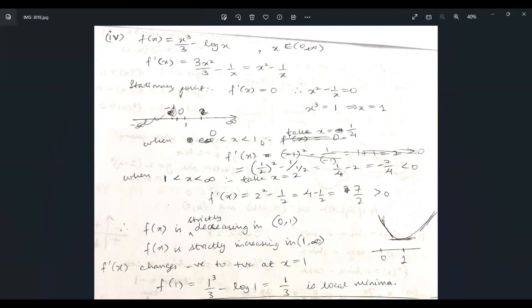So when we take the point 1 by 2, we have f dash of x as (1 by 2) the whole square minus 1 divided by 1 by 2. So what I have is 1 by 4 minus 2, which gives minus 7 by 4, which is less than 0.